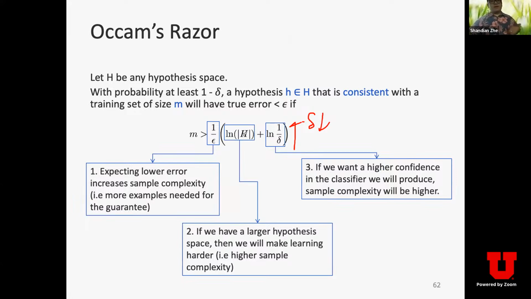That means you also need to increase the number of training examples. That's very fair, right? Again, there's no free lunch. If you want to improve the performance, not only in terms of true error but also in terms of the chance, you have to use more examples.